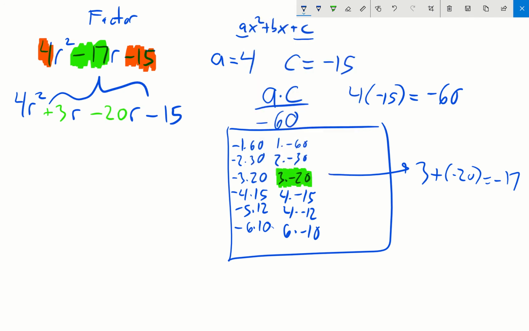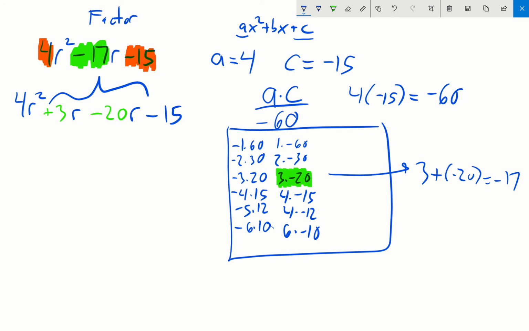So we've split it apart. Notice nothing's really changed. We still have the 4r squared. The negative 15 is still there. If we recombine the positive 3r and the negative 20r, they return us to the negative 17r.